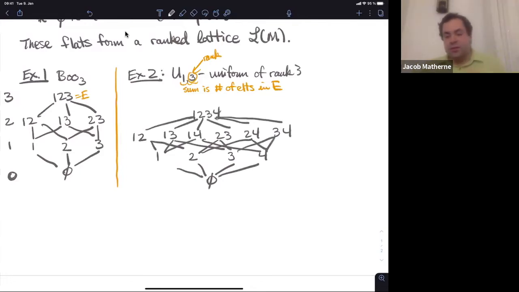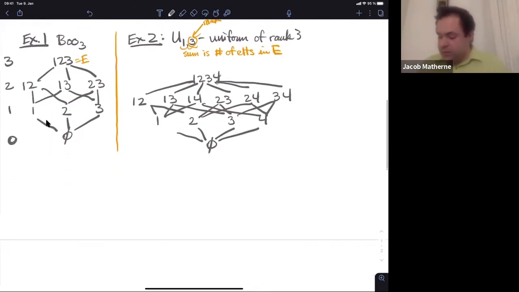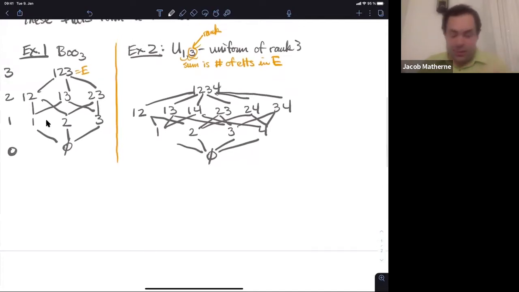Okay, so here are 2 examples of matroids. You should just think of a matroid for the purpose of this talk as a lattice satisfying these properties. Both of these are members of families, as I said before.